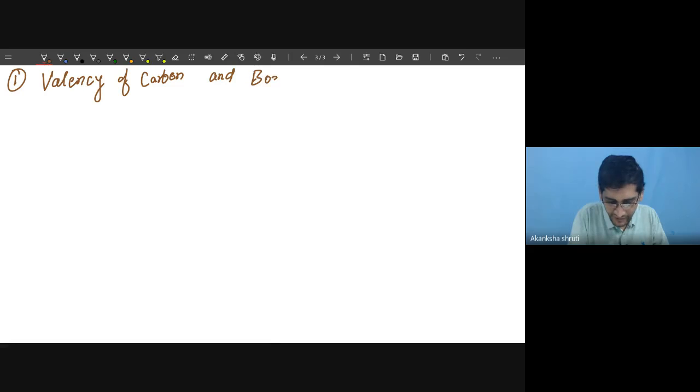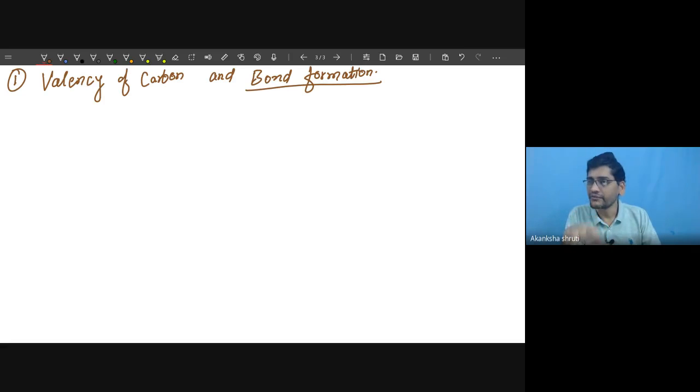In parallel, we will also understand which kind of bond is formed by it, because bond formation is decided by the valency or nature of valency.